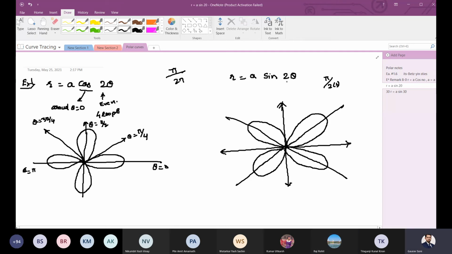What is the value of n here? N is 2. So this will be pi by 4. At pi by 4, you will get the first loop. You can put this here and you can see that r is becoming a for pi by 4. At pi by 2, it will become 0 actually. You are not concentrating on this 2. That's why you got into trouble. Am I right? Yes, sir.